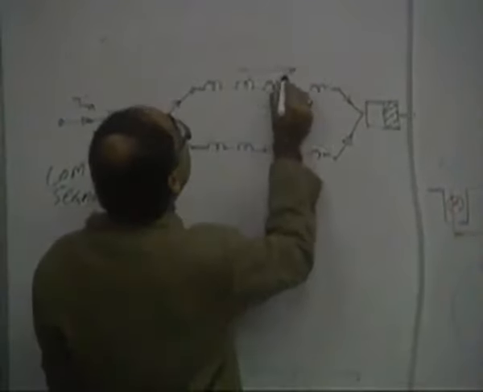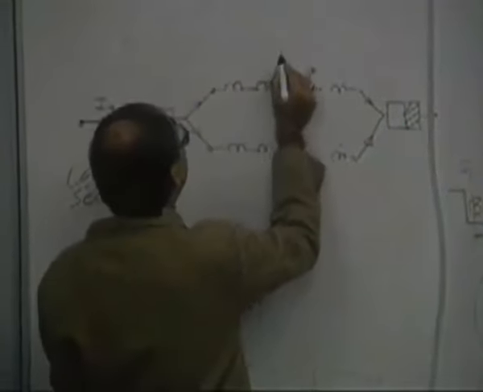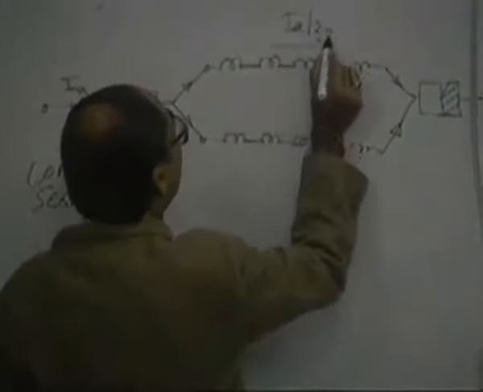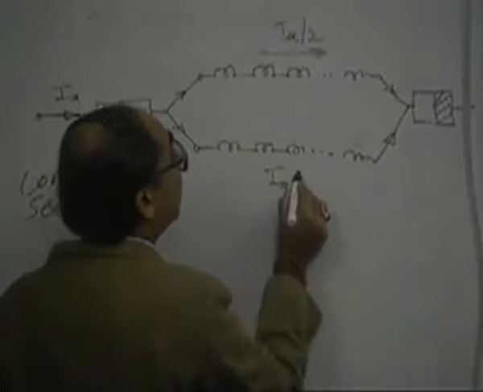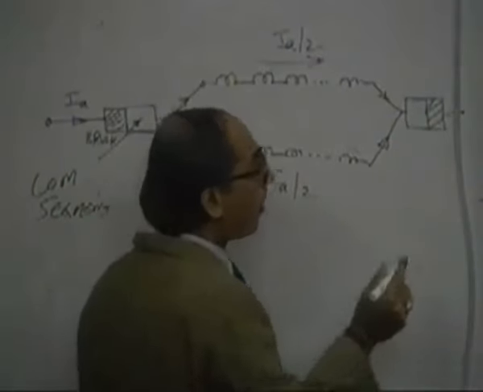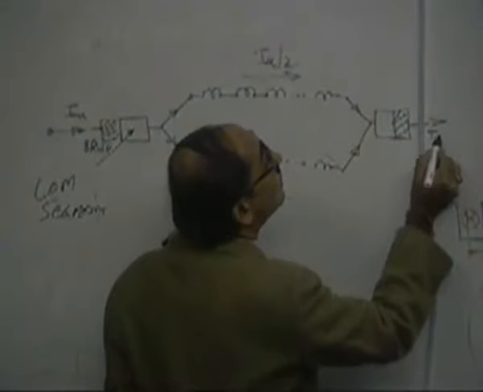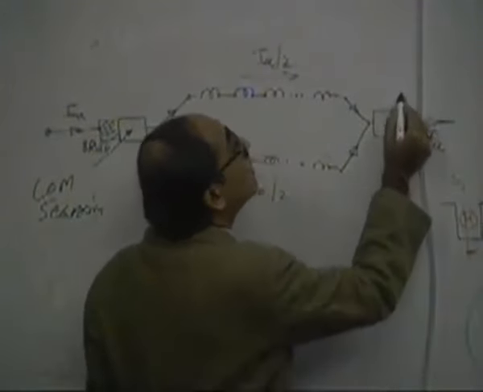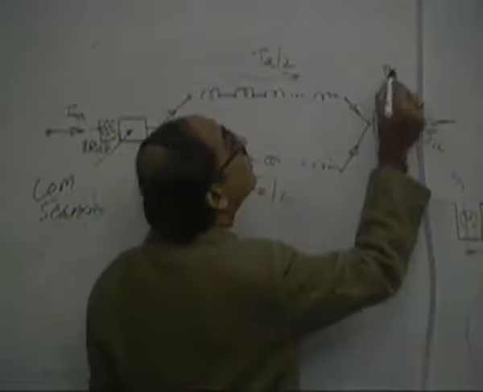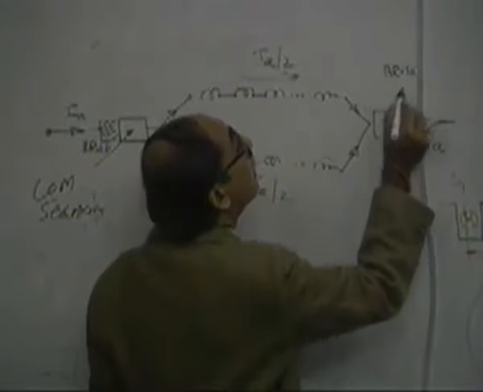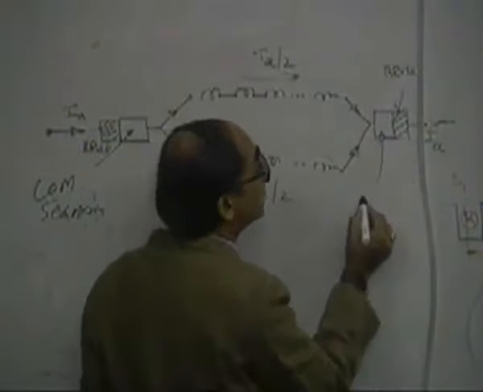So, there will be current. If this is IA, in this case it has taken two routes. So, each will be having IA by 2 and the current coming out is IA. This is another brush and this is another commutator segment.